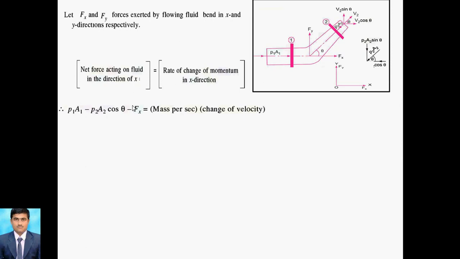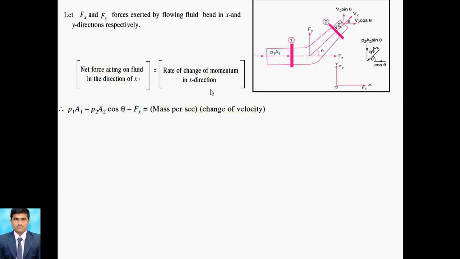Why is it minus Fx? Because whenever the momentum is changing, we take Fx as minus Fx. So minus Fx is equal to the rate of change of momentum, that means m into a, that means mass per second into change of velocity. This is nothing but the change of momentum.